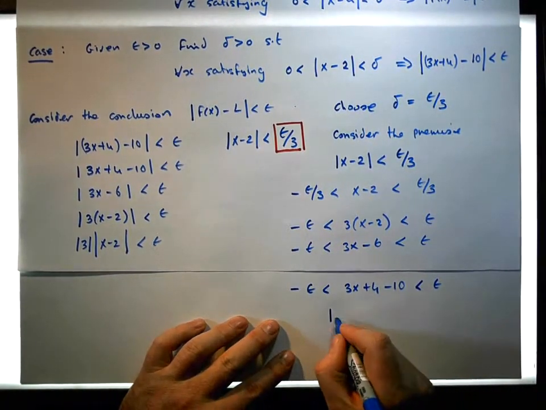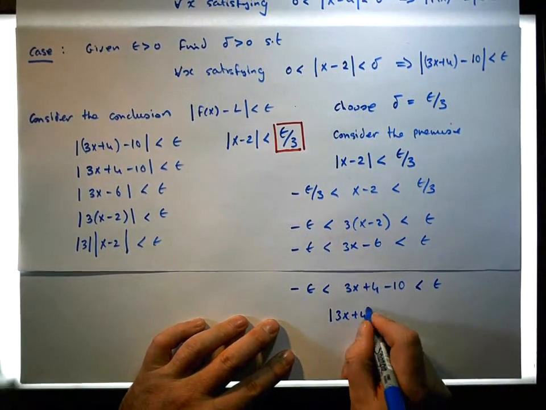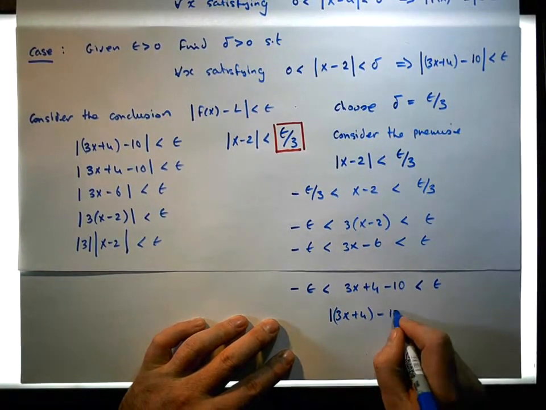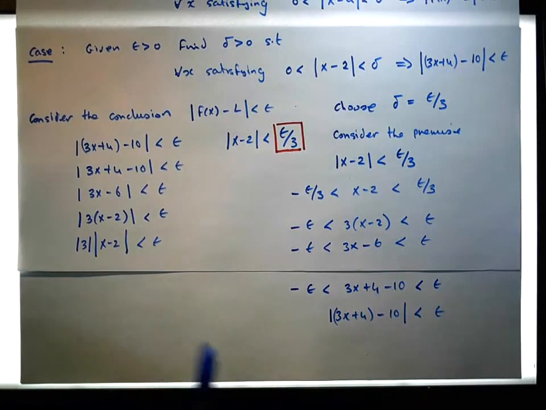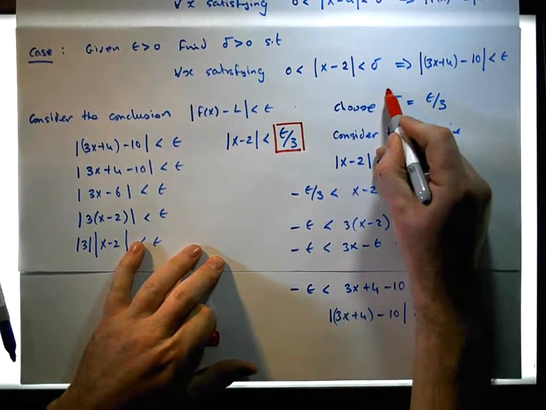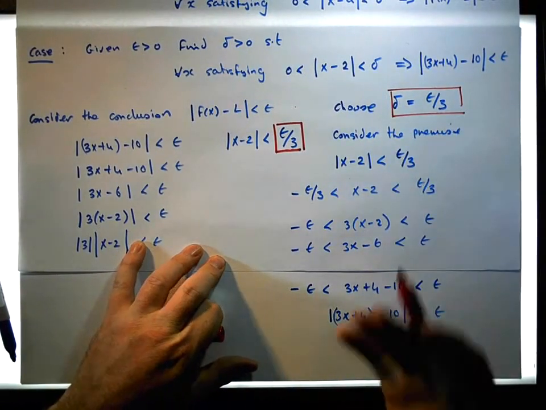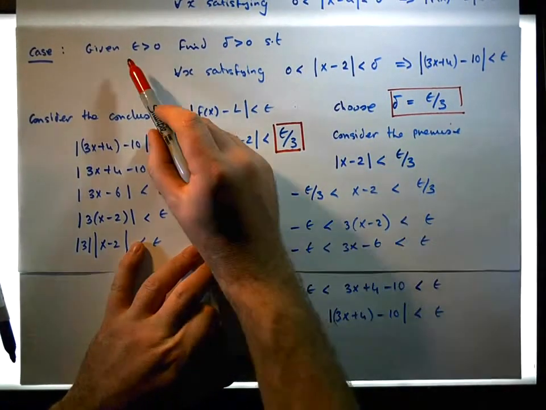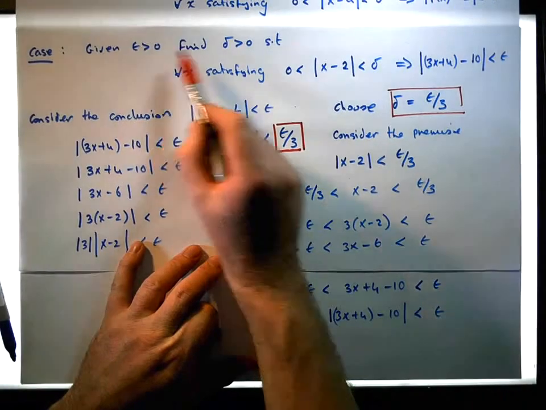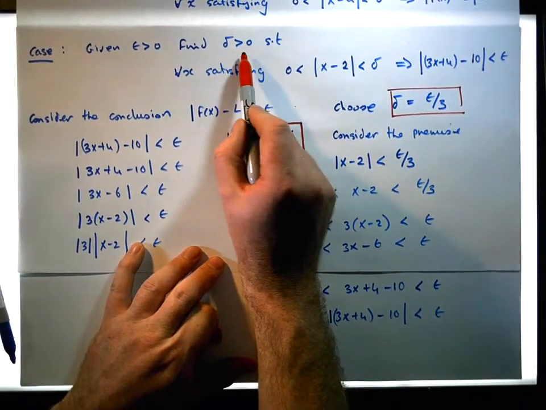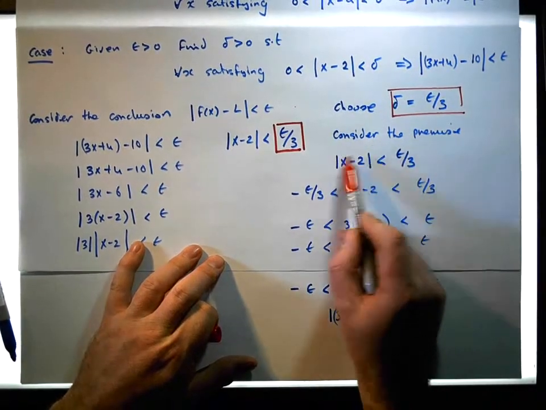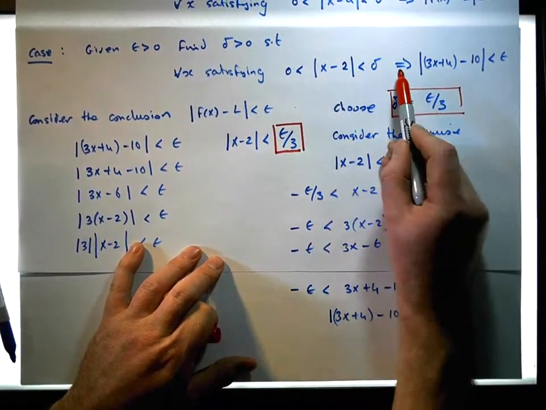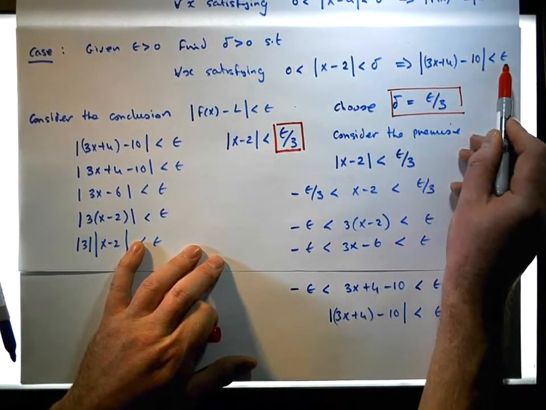That tells us that the absolute value of 3x plus 4, the function, minus its limit, the 10, is less than epsilon. So what we've now done is you can see that by choosing the appropriate delta value, and that's what the game is all about, if someone gives you an epsilon greater than 0, we should be able to find delta greater than 0, such that all the x within this particular region implies that the function minus the limit is less than epsilon.